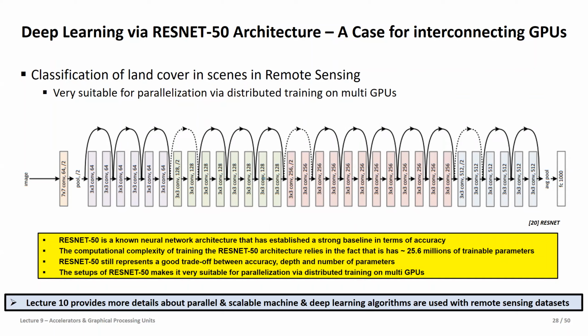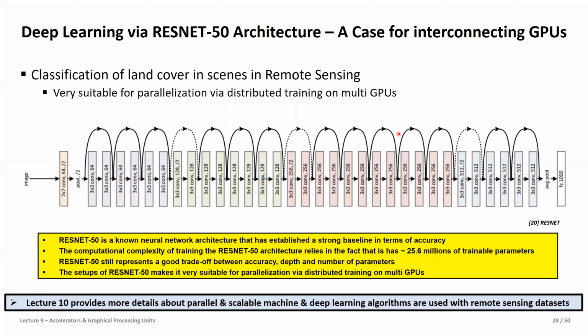But what really requires GPUs here is this 25.6 million trainable parameters. This is a way of doing a convolutional operation here in one box, but you see we have a very deep network, and here we have the skip connection, making it a residual network.